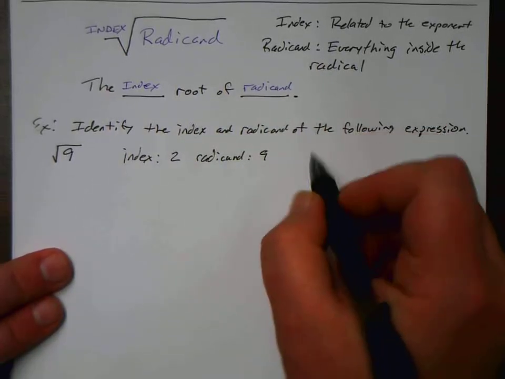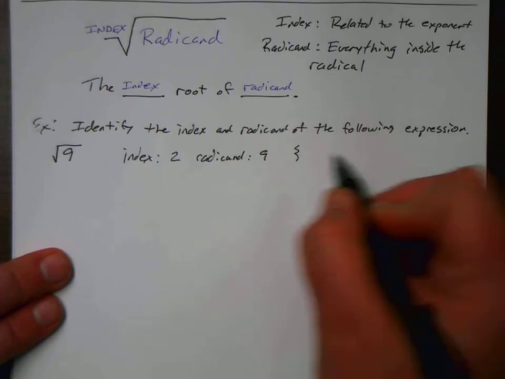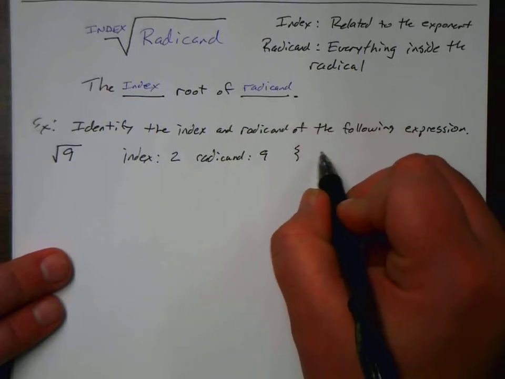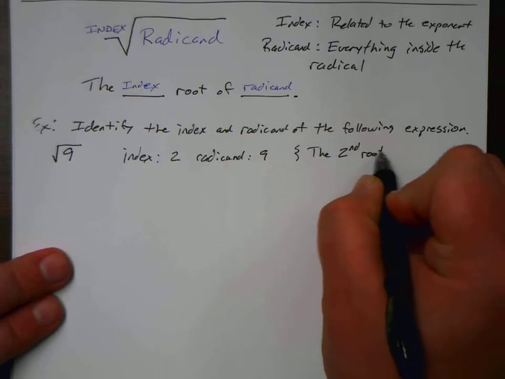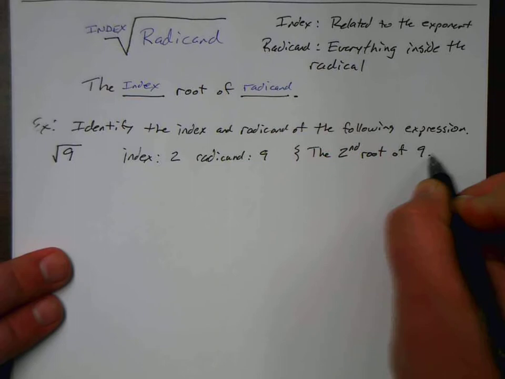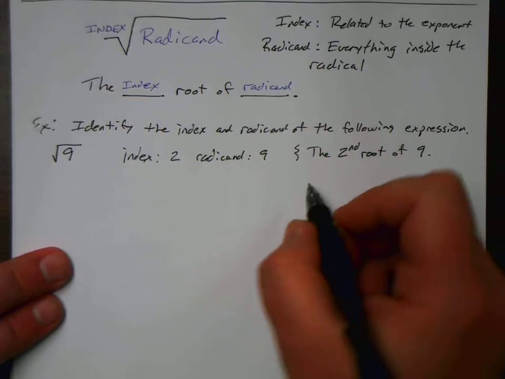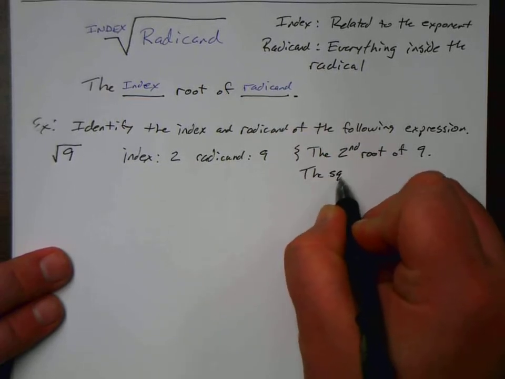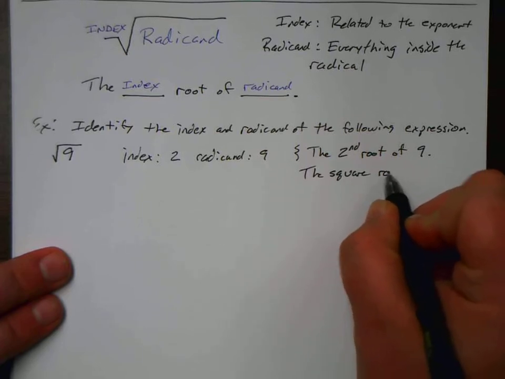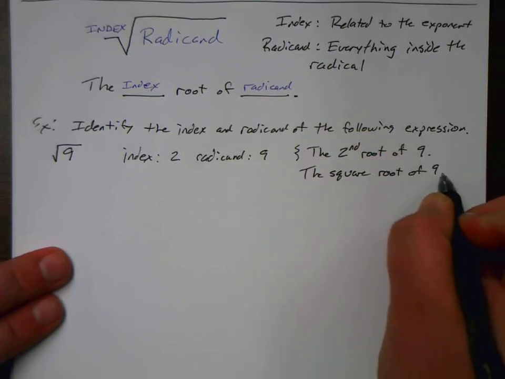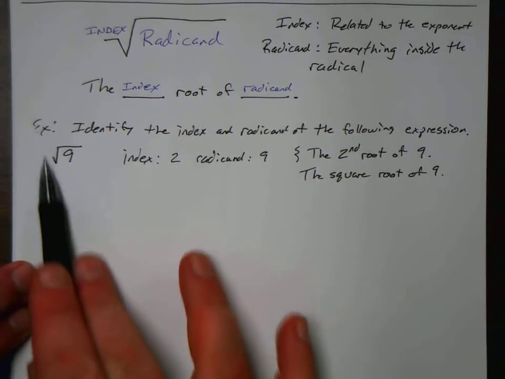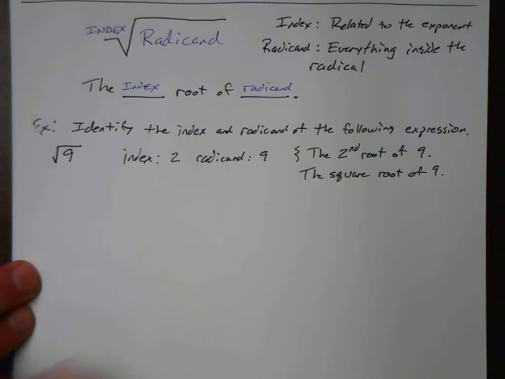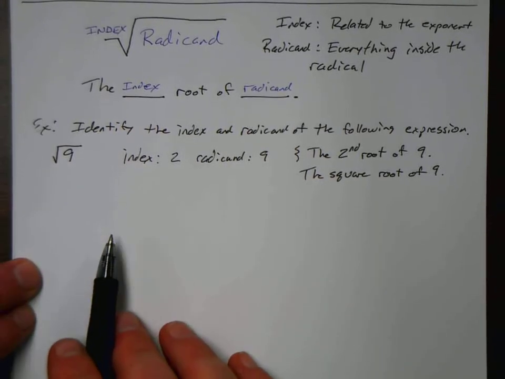And the way we would say it is the second root of 9, but more commonly we're going to say the square root of 9, which I'm sure you're already used to. And if you're not, that's fine. It's time to get used to it.